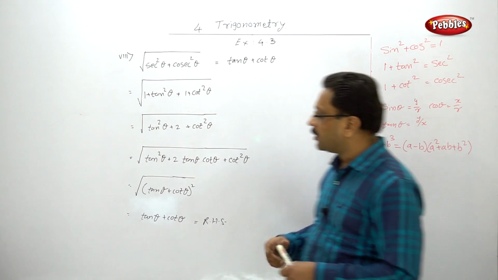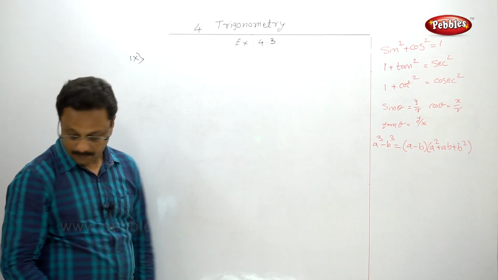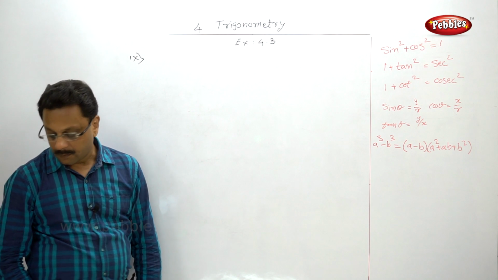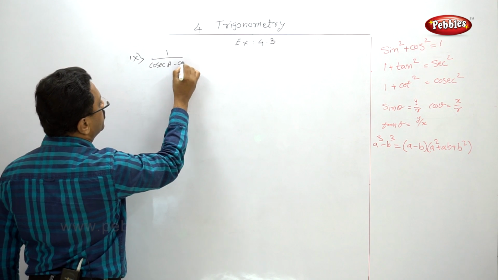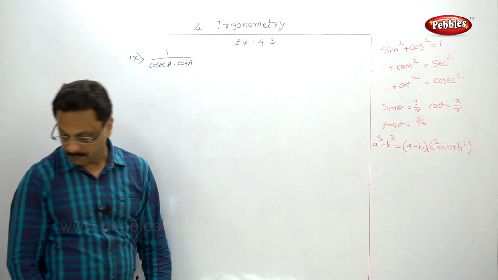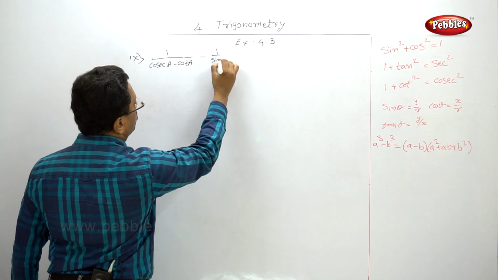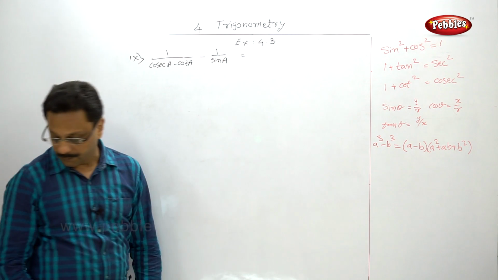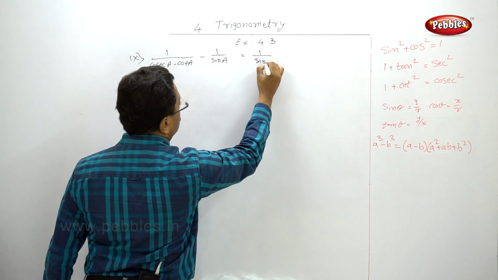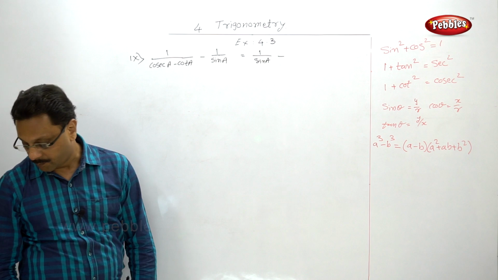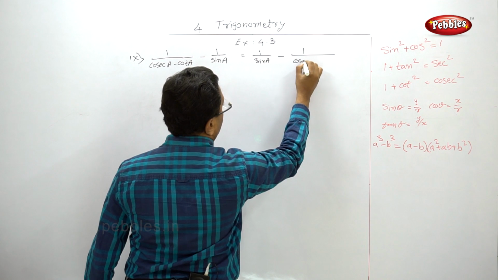Okay, let us solve the next one, the ninth one. 1 upon cosec A minus cot A, minus 1 upon sine A, equal to 1 upon sine A, minus 1 upon cosec A plus cot A.